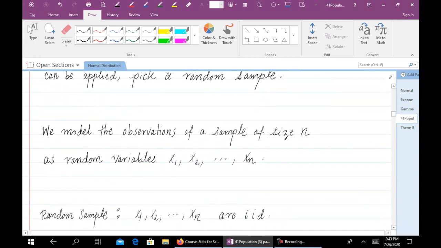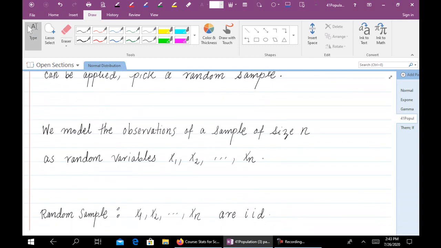We model the observations of a sample of size n as random variables x1, x2 to xn. Which means that x1 is the first measurement in the sample, x2 is the second measurement in the sample, and xn is the nth measurement in the sample.